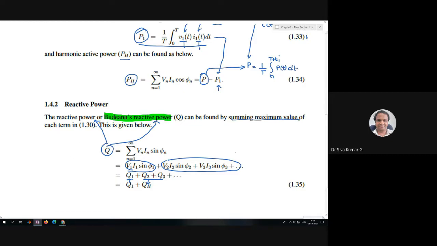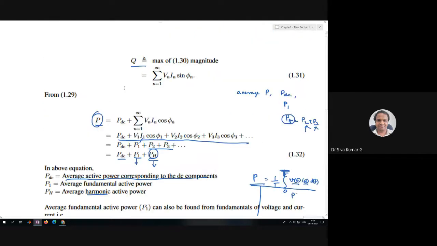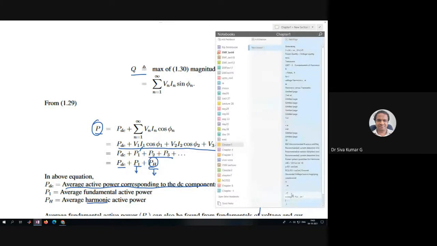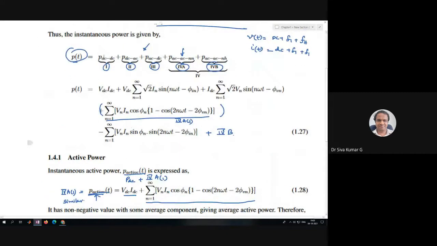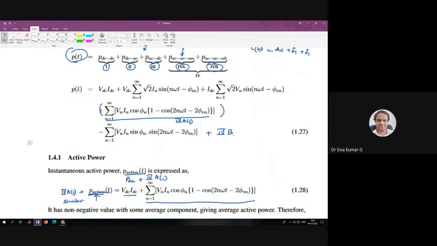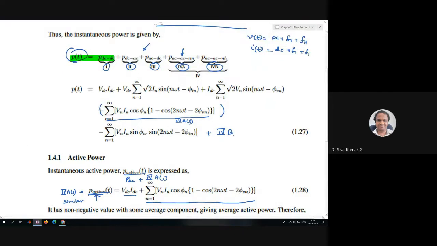Generally, we have seen equation-wise how the powers look when you multiply the instantaneous voltage and instantaneous current. These are the equations showing how they look.